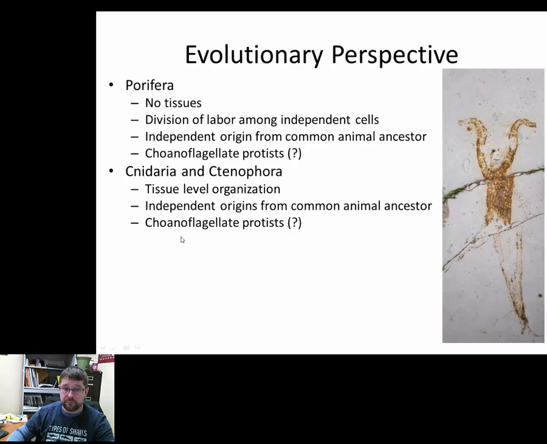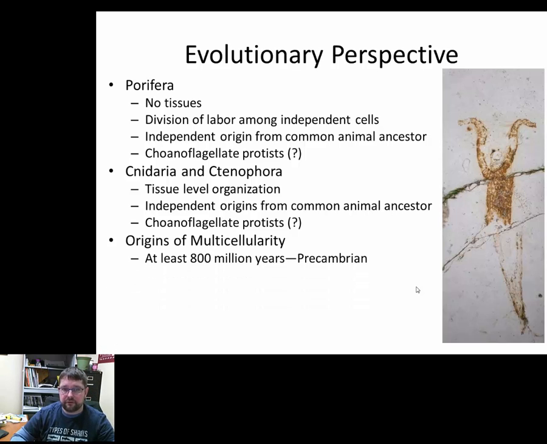Now, a different group of choanoflagellate protista, different ancestral line, possibly. It could just be that Porifera, Cnidaria, and Ctenophora all share a common ancestor. We just haven't found it yet. We haven't dug deep enough. We don't have enough information to find that choanoflagellate that might have given rise to this evolutionary line.